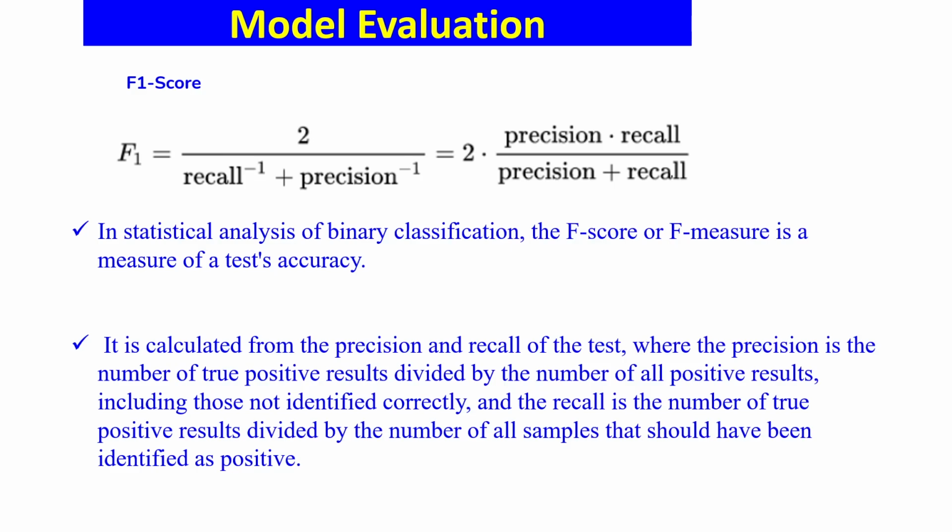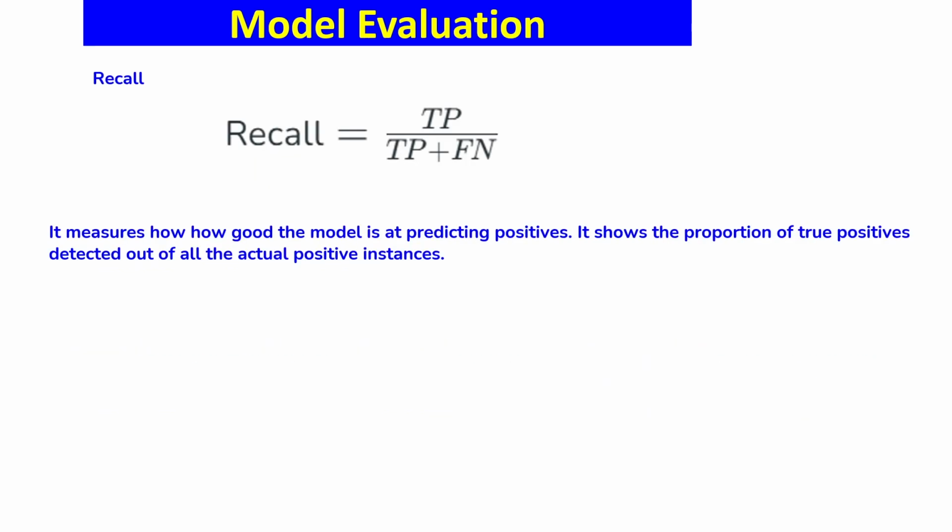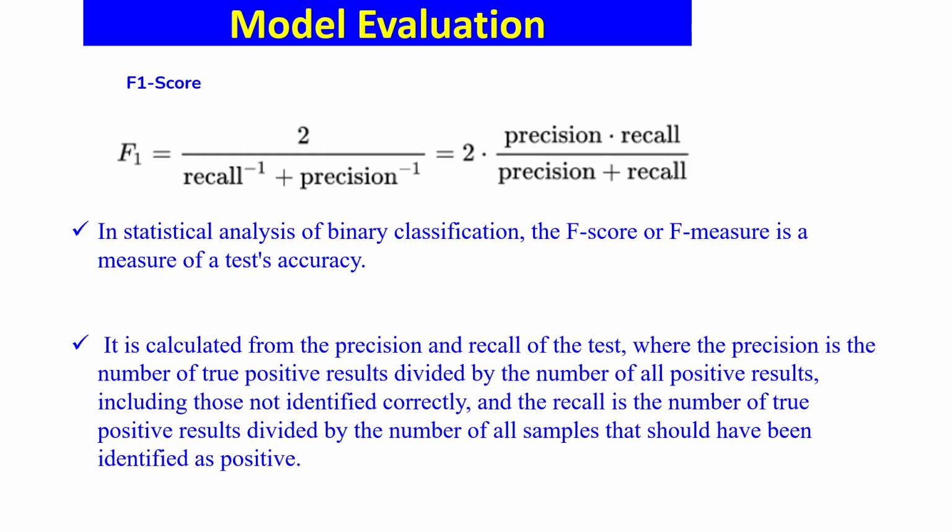It is calculated from precision and recall, where precision is the number of true positive results divided by the total number of positive results, and recall is something I talked about. Recall is nothing but the proportion of true positives detected out of the actual positive instances. So, F1 score takes into consideration both the precision as well as recall and considers the harmonic mean of that.